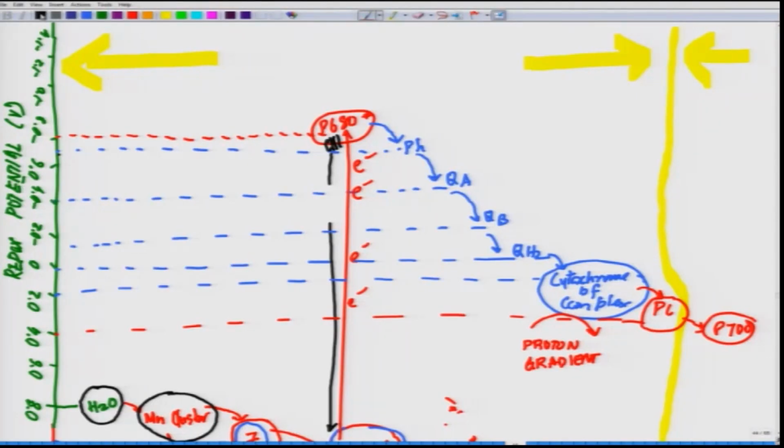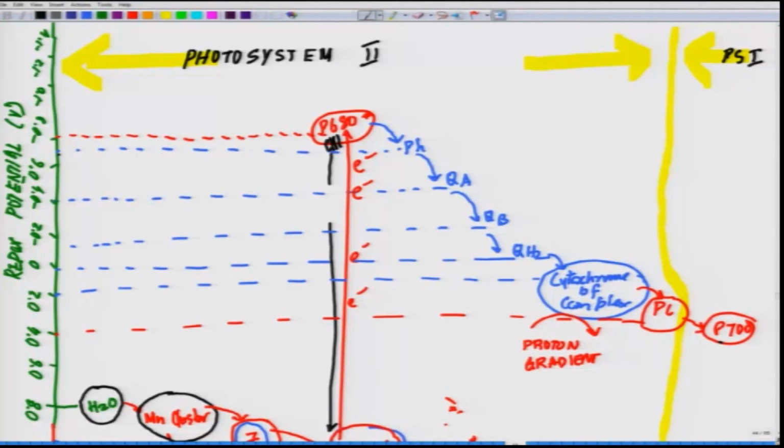So, this is where you have photosystem 2, and here you have photosystem 1. Now the electron has reached photosystem 700. Now, this is the point I want to make. I told you the electron ejected reaches minus 0.8 redox potential.